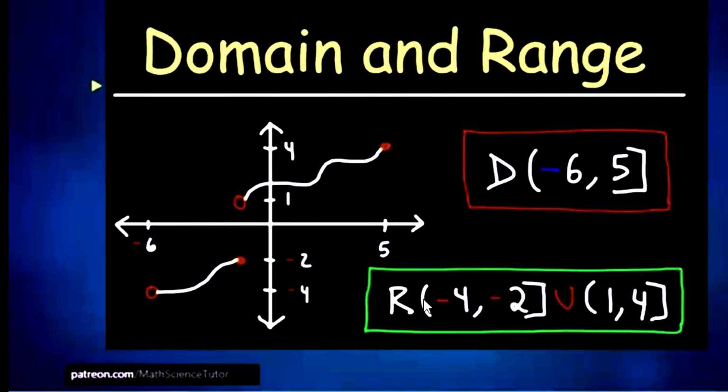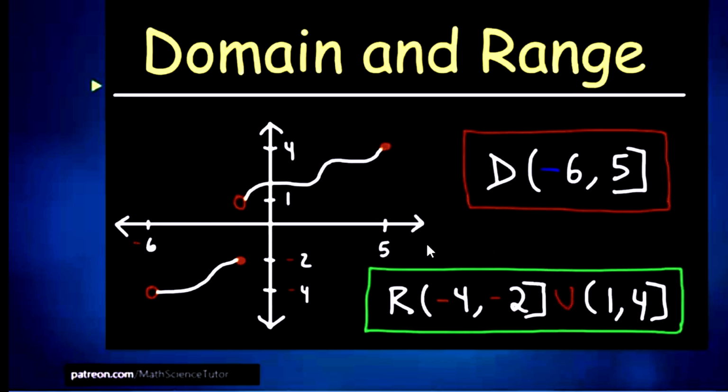So we'll represent that by saying that the range of our graph, its lowest point begins at -4, but it doesn't include -4, and then it continues on to -2, and it actually includes -2, so we'll represent that with a closed bracket. And this symbol means union.